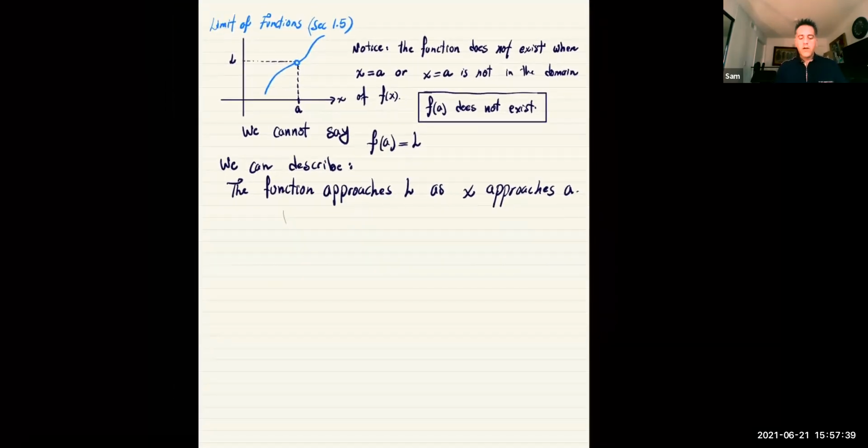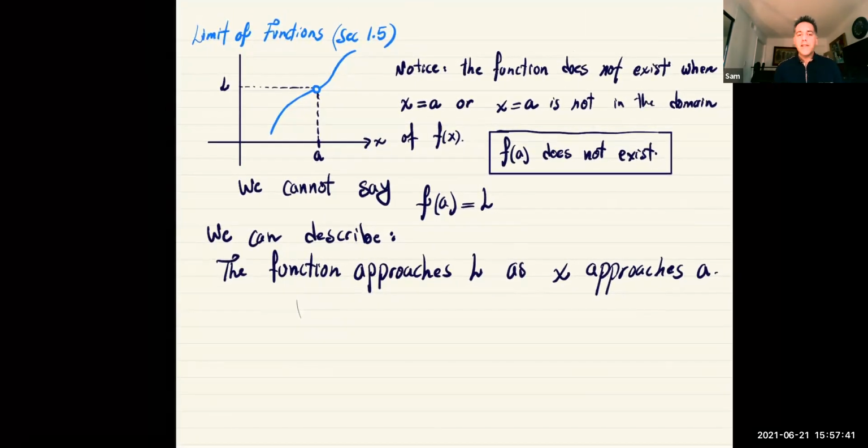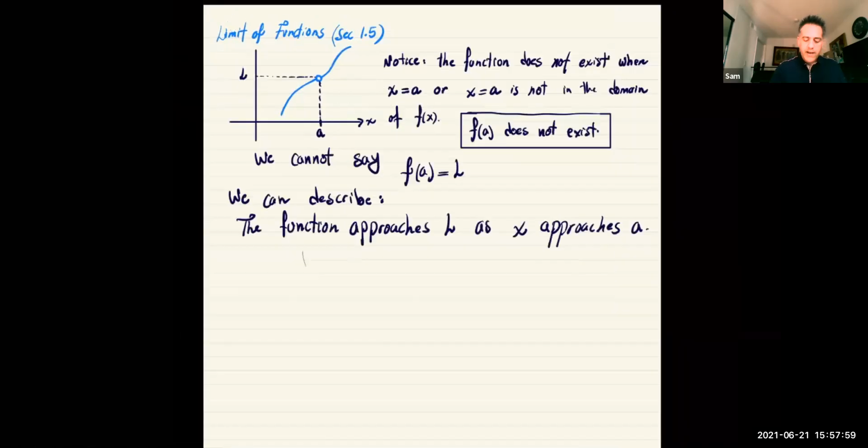As x values get close to a, you can get close to a from the left of a or from the right of a, it doesn't matter. Look at the point on the graph, guys.